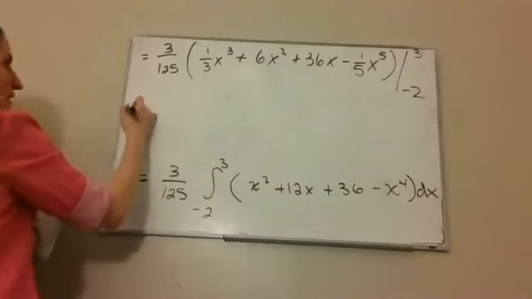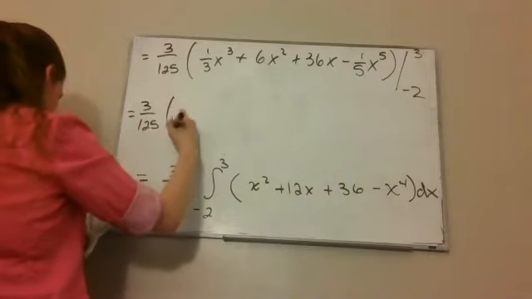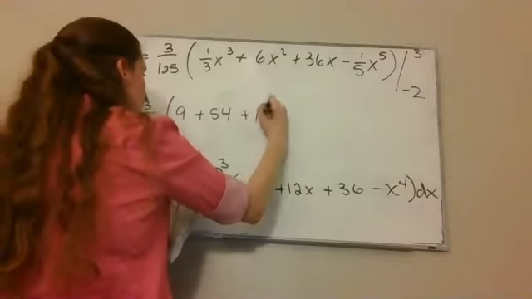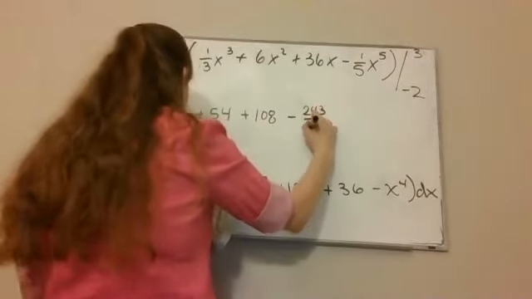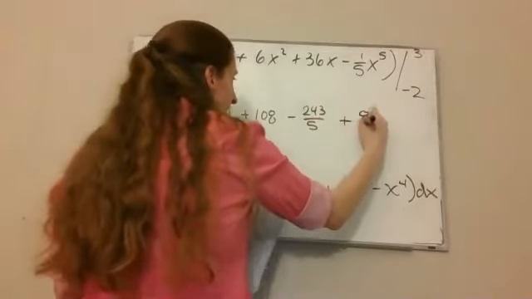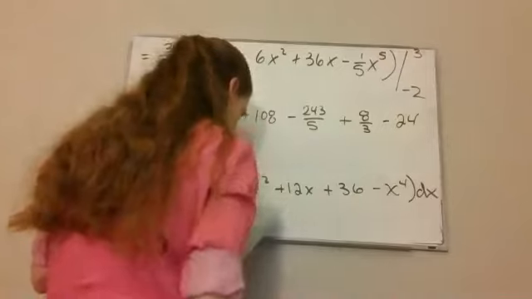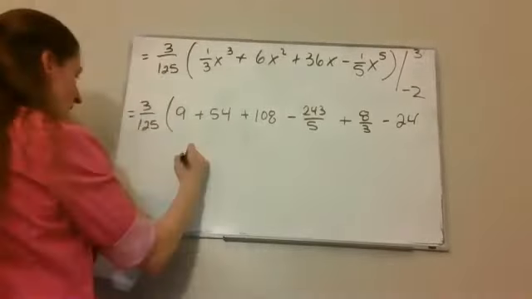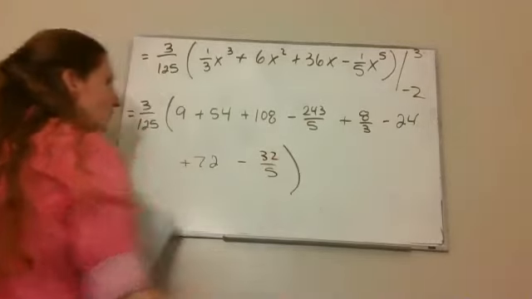Now if I plug in those numbers, we should get 9 plus 54 plus 108 minus 243 over 5 plus 8/3 minus 24 plus 72 and minus 32 over 5.